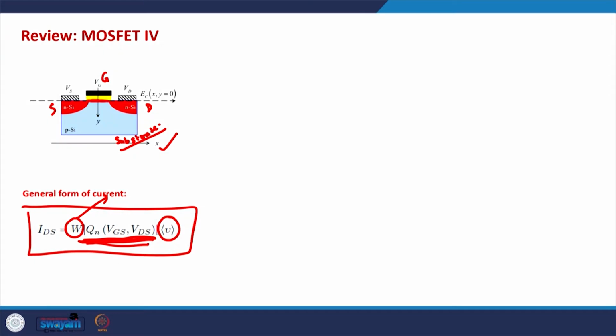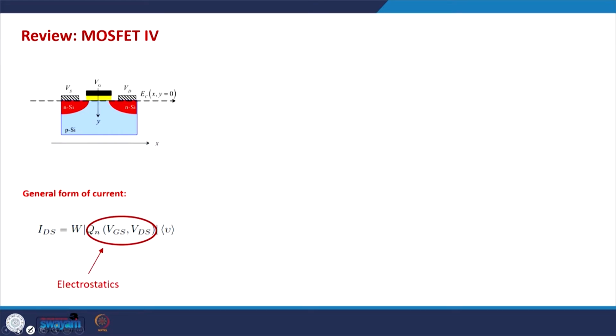This is what we also discussed in the previous lectures. In order to analyze the charge in the channel, we need to see the electrostatics of the MOSFET, the effect of the gate voltage and the electric field due to the gate voltage on the channel region, and also the electric field due to the drain voltage. Second is the velocity of electrons.